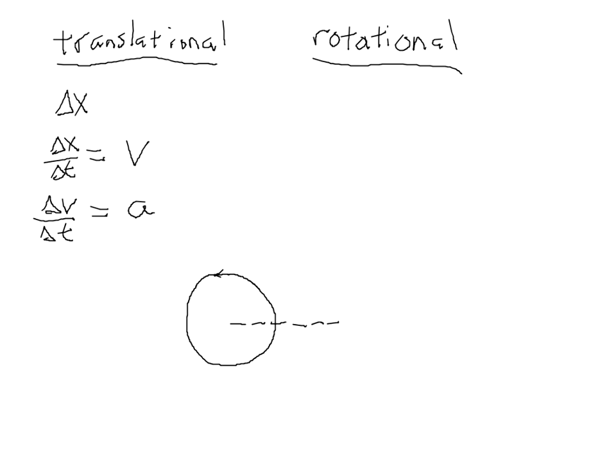I'll put a dot right there, so that we can notice when the wheel turns, we'll see that dot move. We'll call the original location of that dot theta 0.